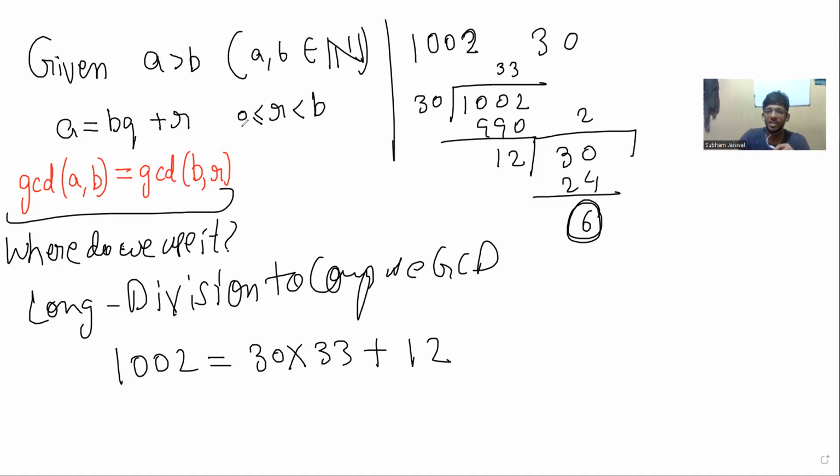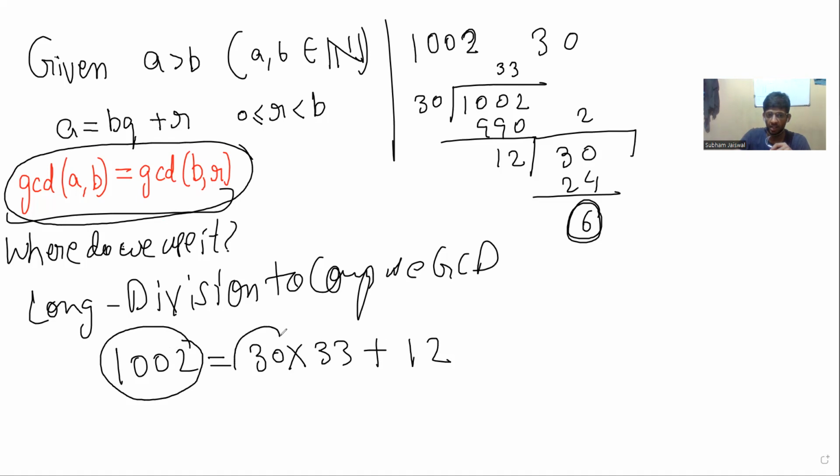Because we have proved that the GCD does not change. So we set out to compute the GCD of 1002 and 30, but then we apply the rule to a smaller pair of numbers, right? We apply the rule to a smaller pair of numbers, but that is not a problem because the GCD has not changed.